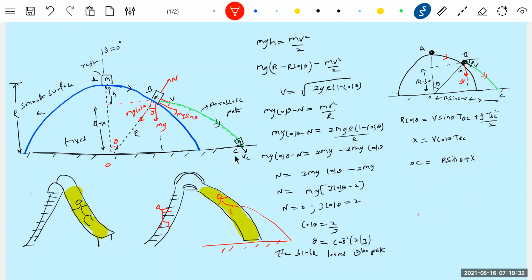Okay, fine, good. The tortoise shape will be like this, and here is what they made as the slide. So what is the problem with this? The kid who is here will start from here. He will not reach the ground. Somewhere he will fall like this.